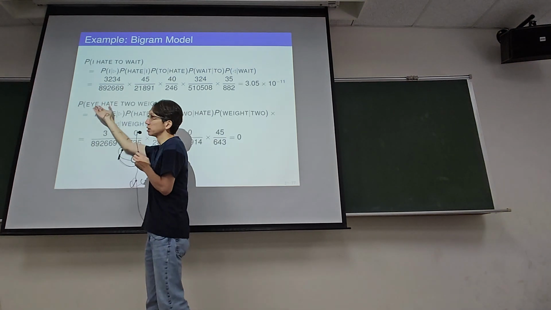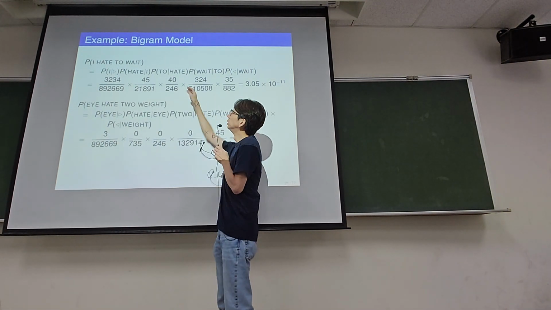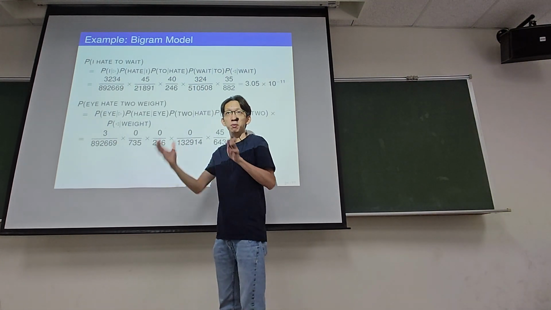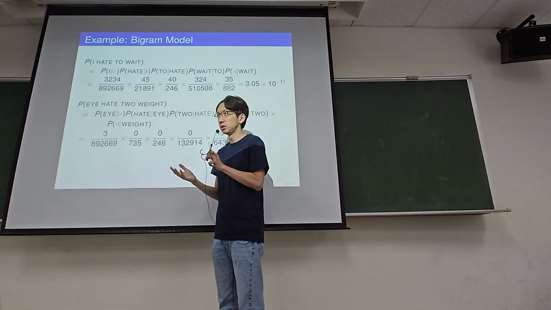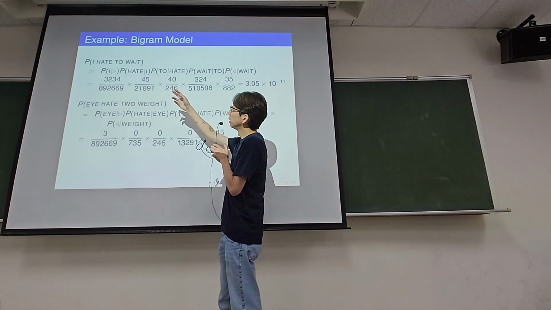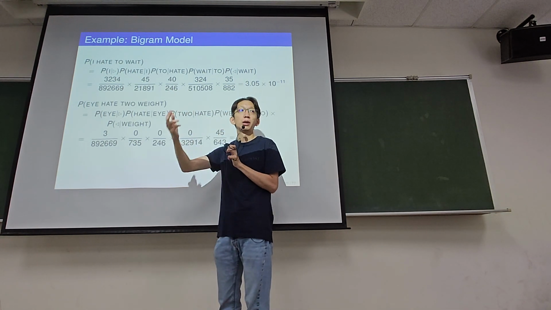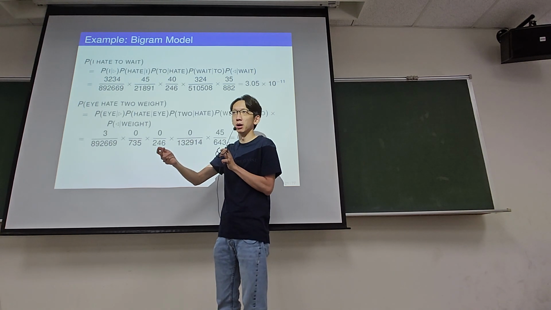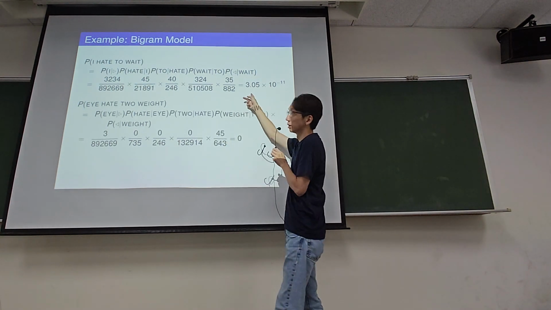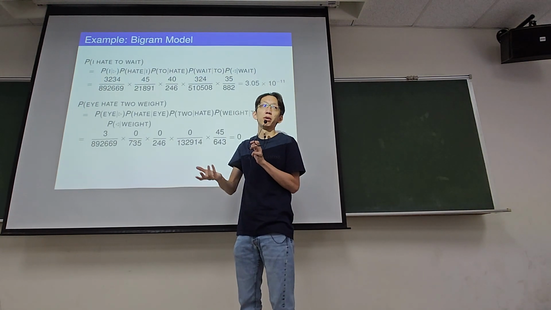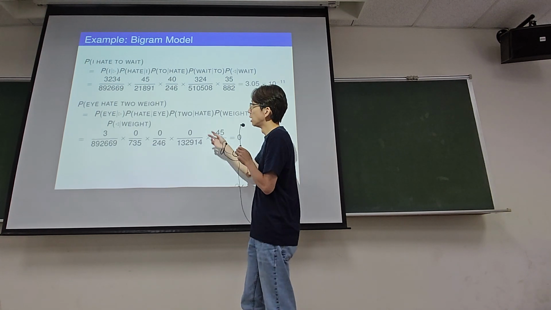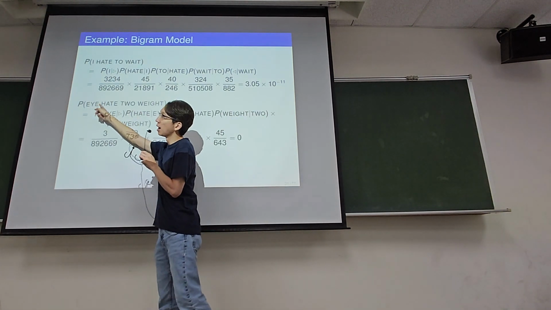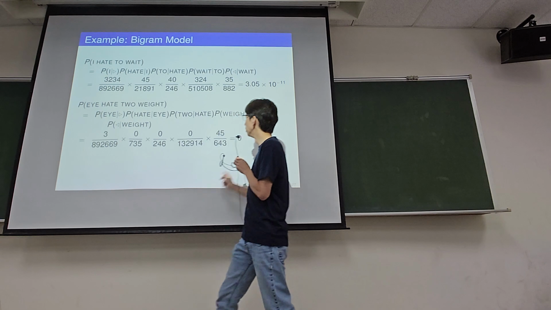So this probability is going to be 0. Under this corpus of 89,000 sentences, if we use bigram as our assumption, the probability of "I hate to wash" under that language model is this. For "I hate to wait", that probability is 0.